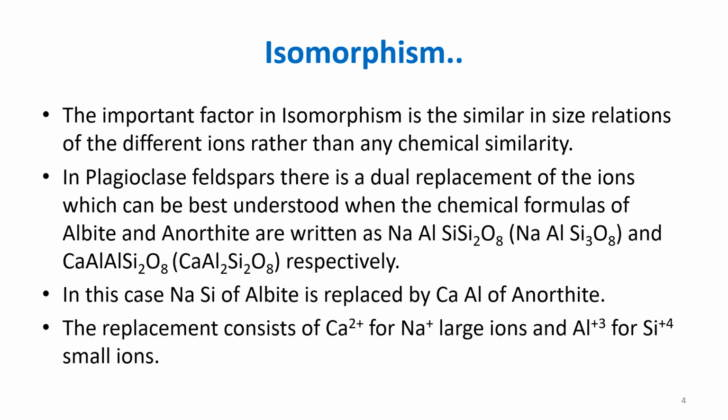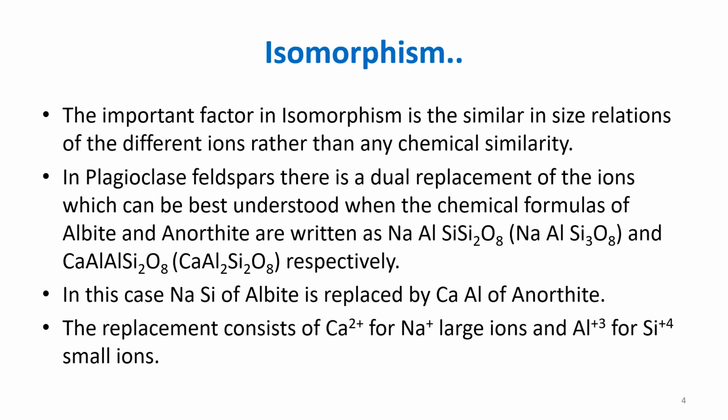which can be best understood from the formulas of albite, NaAlSi3O8, and anorthite, CaAl2Si2O8. Instead of NaAlSi3O8, albite can be written as NaAlSi2O8 with Si3 split into Si and Si2. Similarly, CaAl2Si2O8 can be split up as CaAl and AlSi2O8.